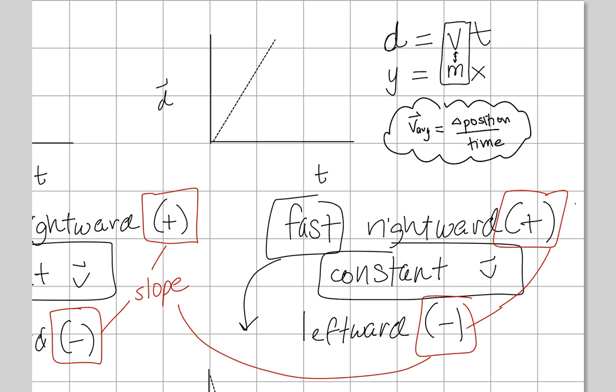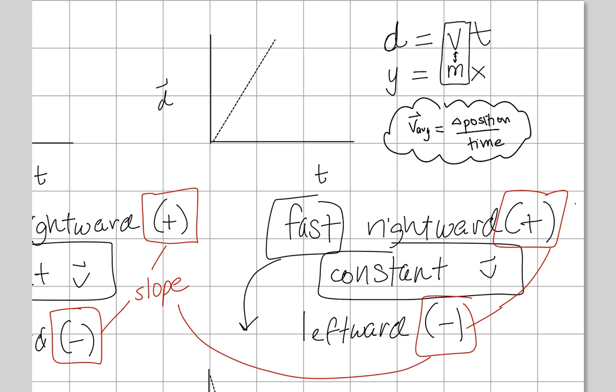As soon as you start to have a curved graph, you can no longer use this. As soon as there's acceleration, this is no longer valid for the entire trip. It's valid in a moment of time, but not for the entire trip if there's acceleration going on.